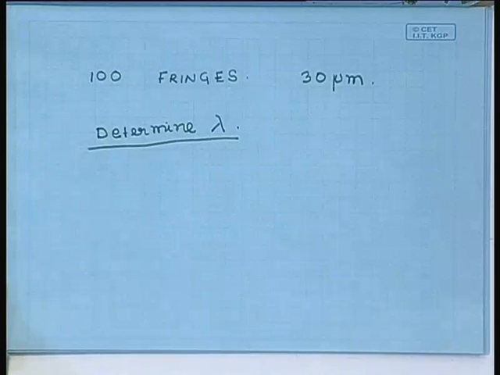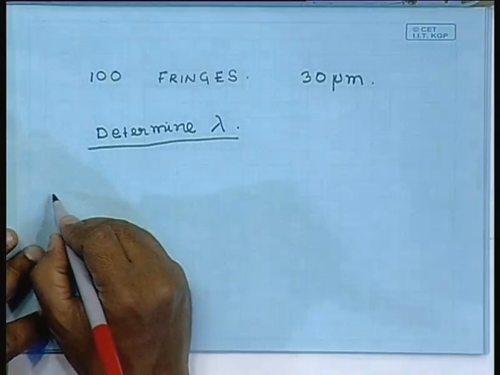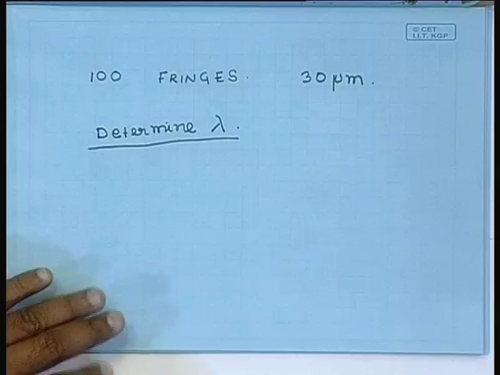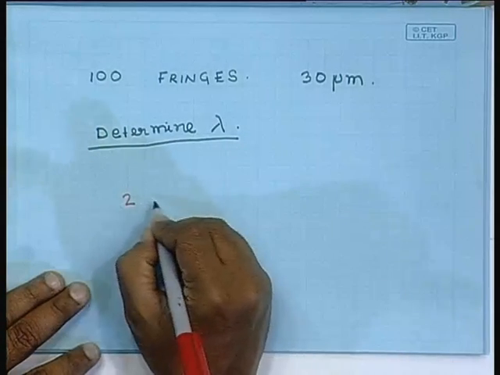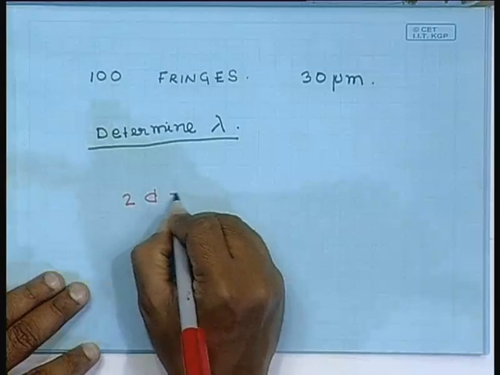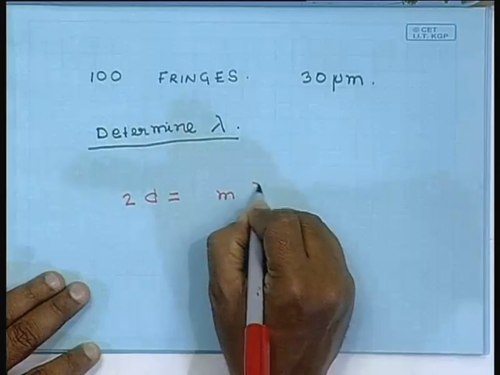Now this problem is very simple. We have already discussed all that is required to solve it. The condition for a dark fringe at the center of a Michelson interferometer is 2d equal to m lambda.